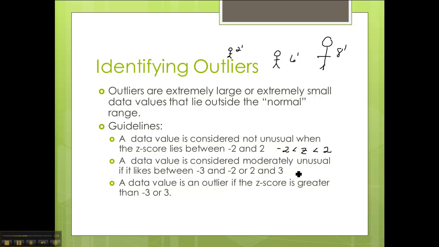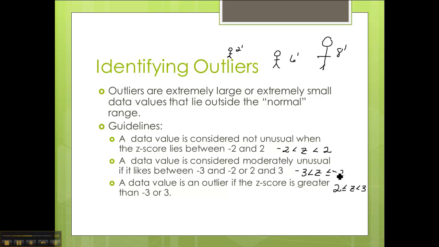A data value is considered moderately unusual, so like a male of height, say 6'8", when the z-score is between -3 and less than or equal to -2, as well as 2, but less than 3.